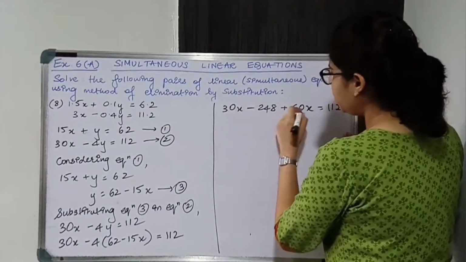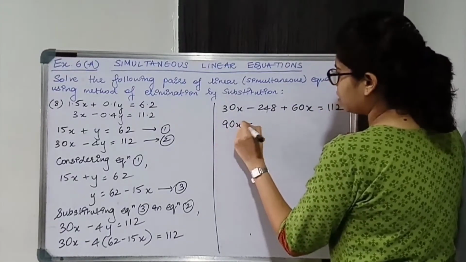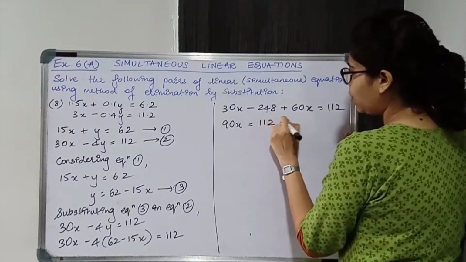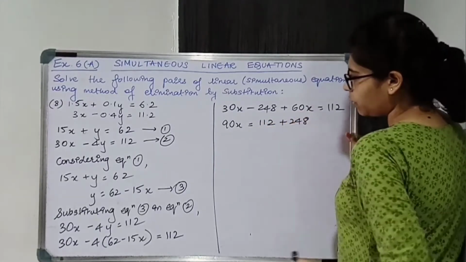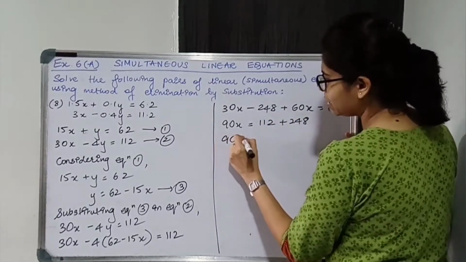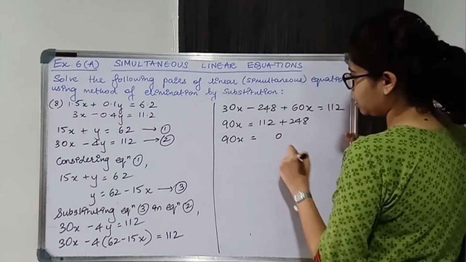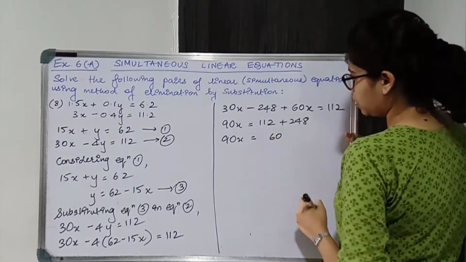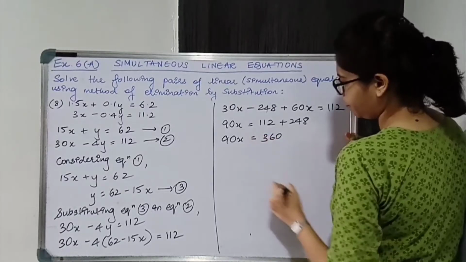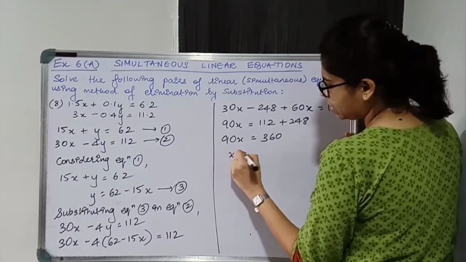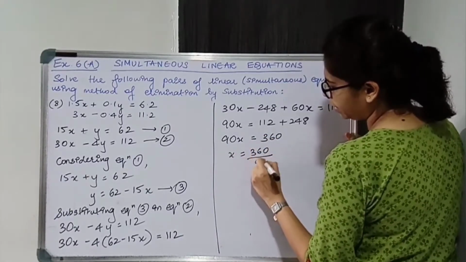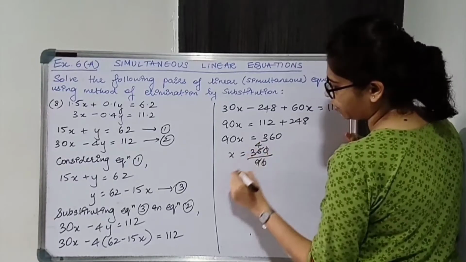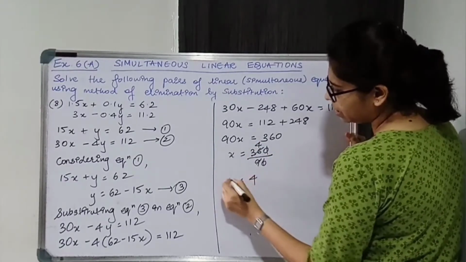So 30 plus 60, 90x is equal to 112 plus 248. Okay, so 90x is equal to 360. So x is equal to 360 by 90, 9 4s are 36. So x is equal to 4.